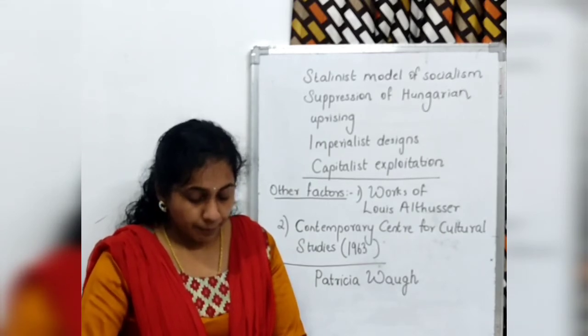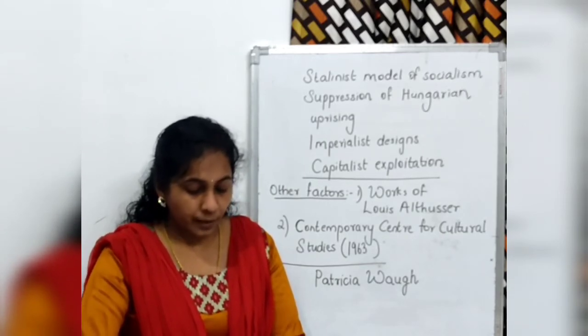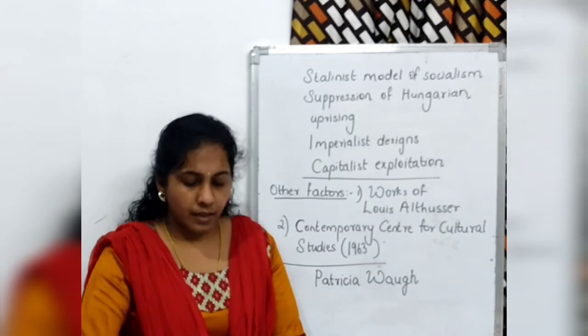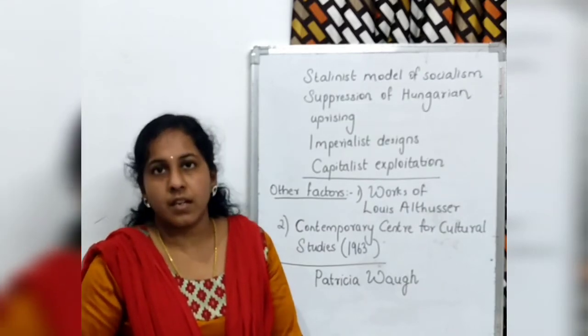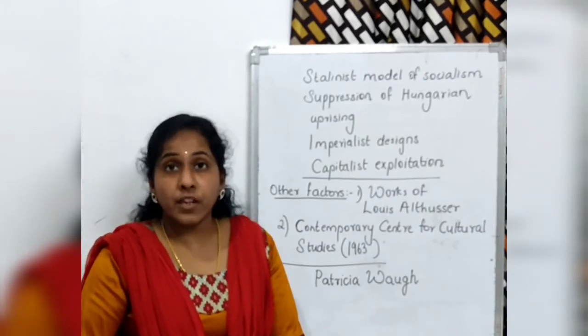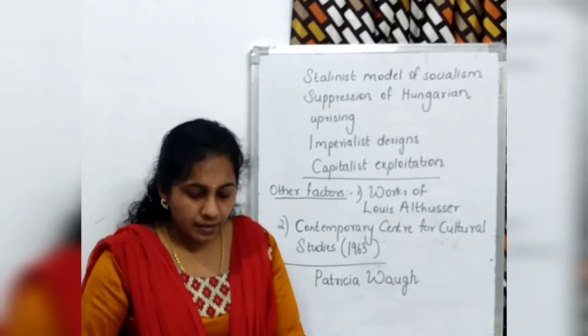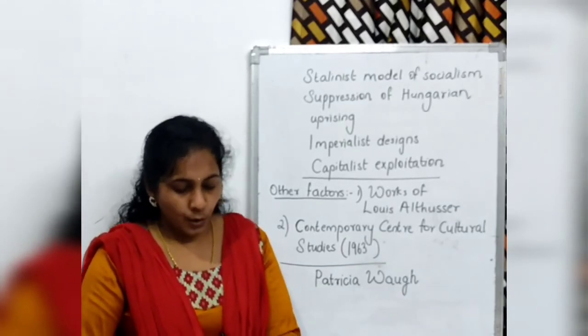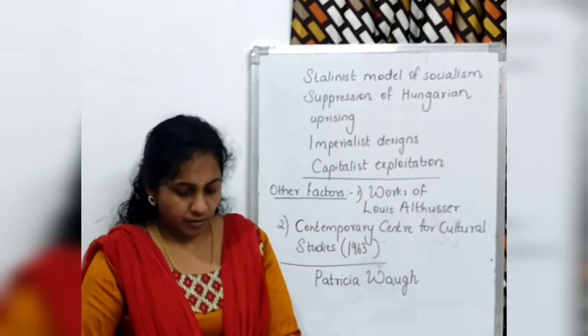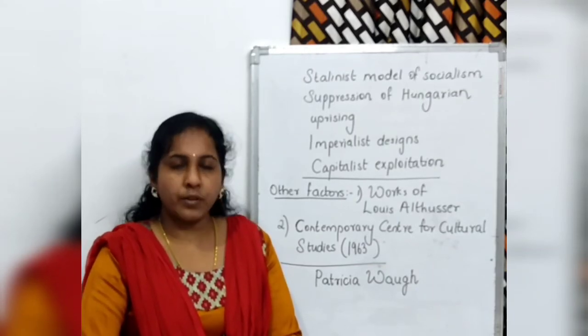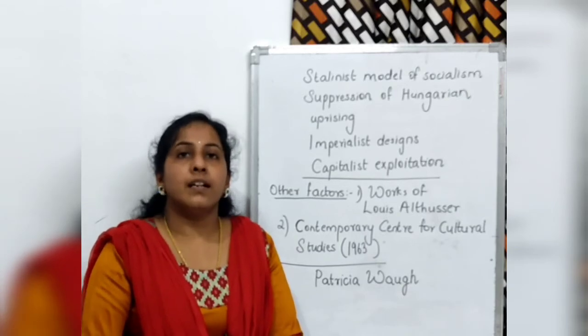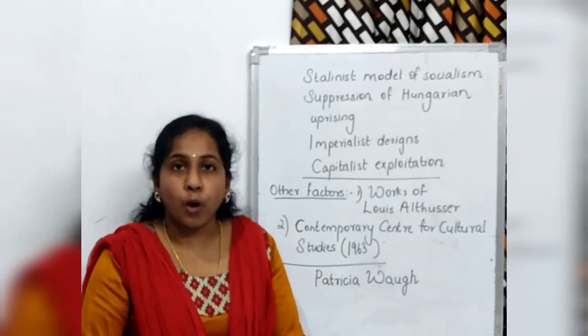Then people were enraged with imperialist designs. Imperialist means power politics. There is so much domination around you. Power politics, that's imperialist designs. Capitalist exploitation of US and Western European democracies. Capitalism is based on property.